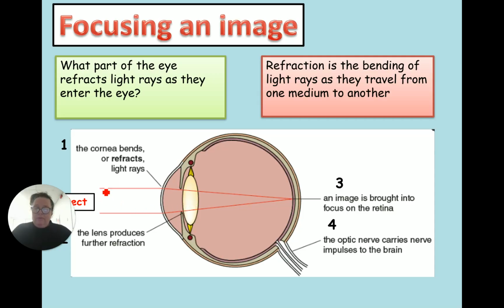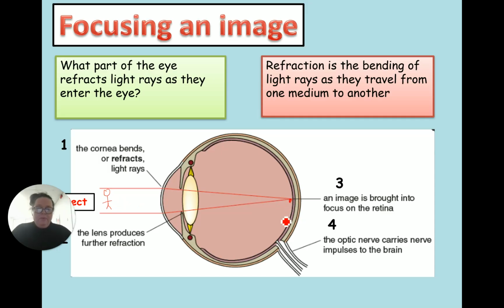But the general focusing an image is the light rays, we've got two of them, come into the eye. They slightly bend through the cornea, and then they bend again going through the lens. And what should happen, which it does on this one, is they meet bang on the retina, which means whatever you saw over here, let's say you saw a person, that image will focus on the retina.